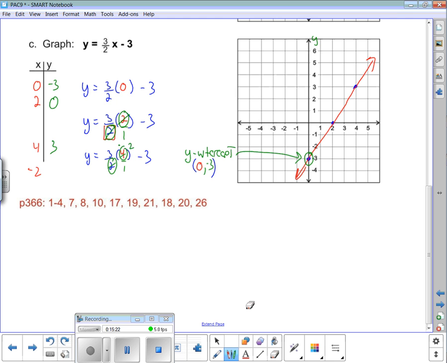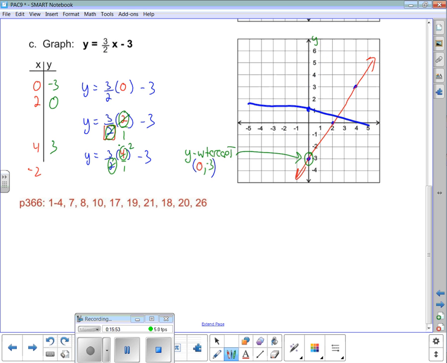I want you to tell me the x-coordinate of the point where the line crosses the y-axis, the y-intercept. Watch. So what is the x-coordinate of that point right there? 0, right? And the y is 4. Every y-intercept has an x value of 0. What if the line's here? What's the x-coordinate of that point? 0, right? What if the line goes like this?